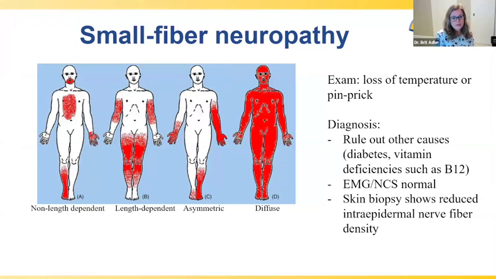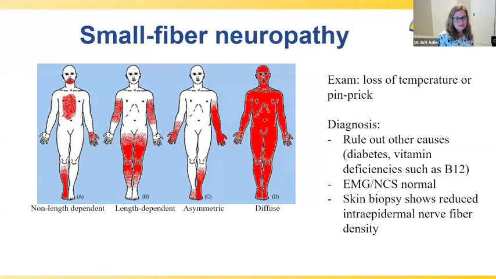Small fiber neuropathies have different patterns based on their distribution. The more classic small fiber neuropathy that's common in the population is a length-dependent small fiber neuropathy. So that's what we see with diabetes, and it typically affects the hands and feet and more distal extremities in a stocking and glove distribution.